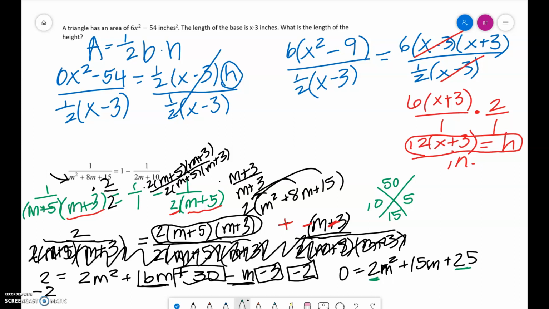So we are going to replace our middle term with a 10m and with a 5m, and then we can factor it by grouping.